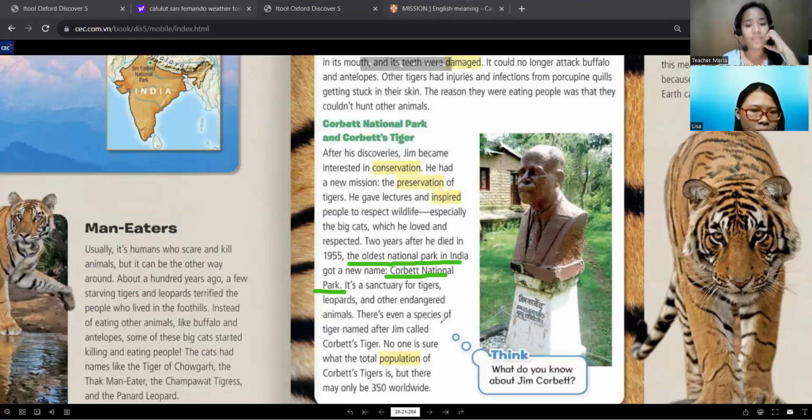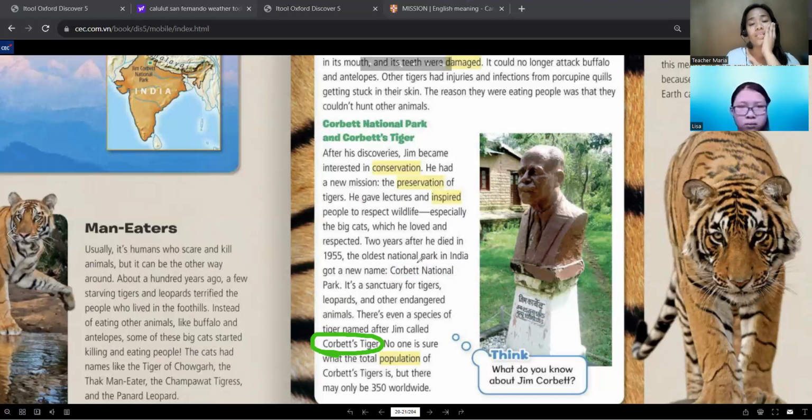Corbett National Park is the park, but the animal named after Corbett is Corbett tigers. Yes, Corbett tigers. Okay. It says here that there is no exact population of the Corbett tigers.